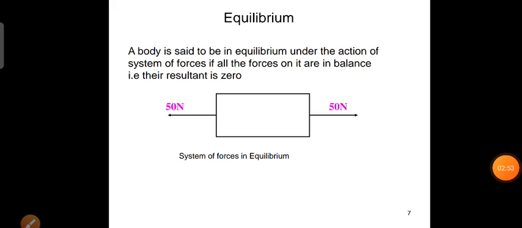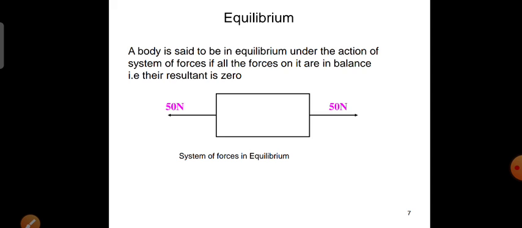But if it doesn't make any motion, then we can say that the resultant of all the forces is becoming 0, or in another way, all the forces are in balance.